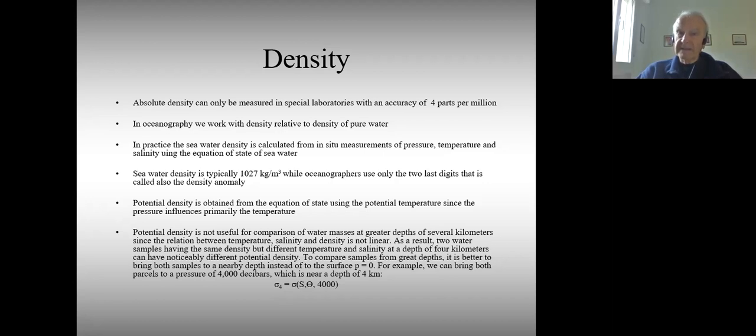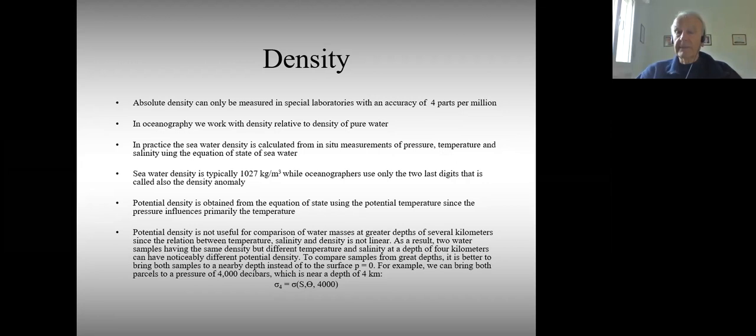In practice, the seawater density is calculated from in situ measurements of pressure, temperature, and salinity. From these 3 parameters we have an equation of state of seawater.